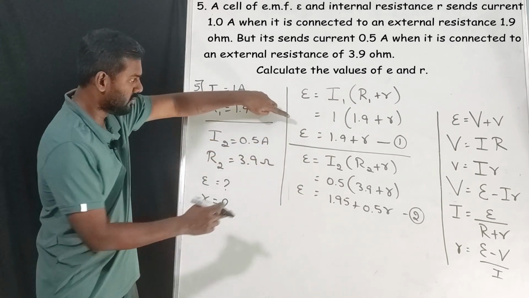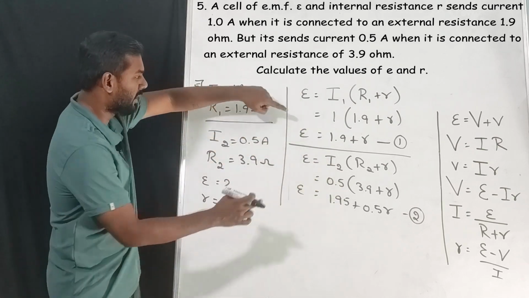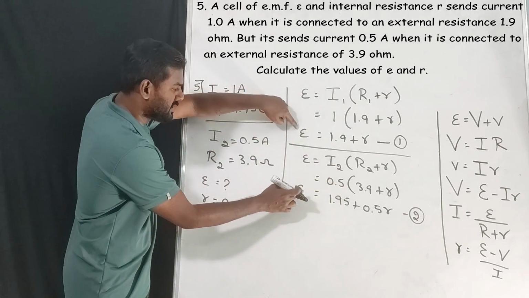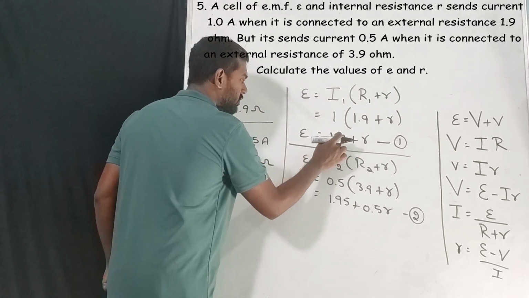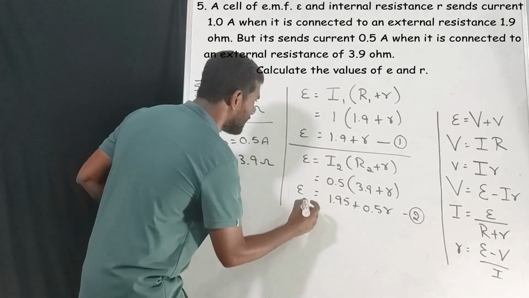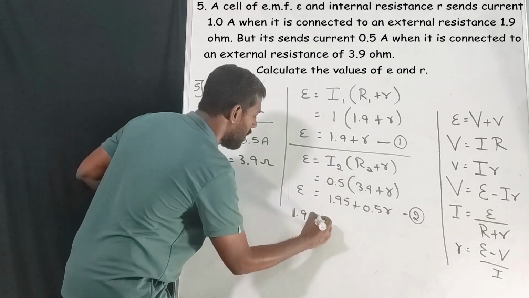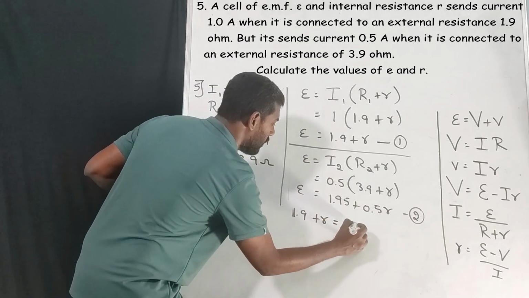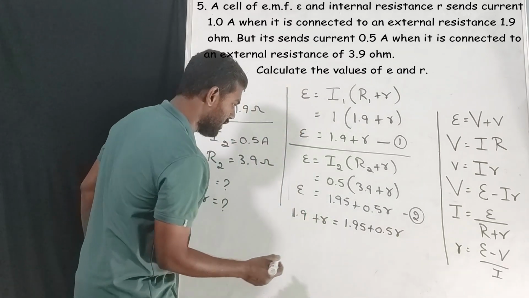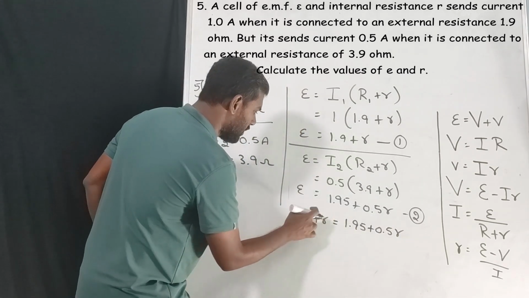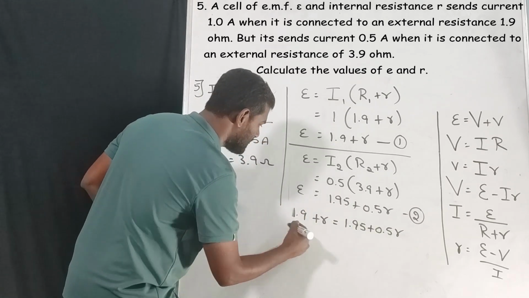E is equal to E, EMF is nothing but EMF only. We can consider equation 1 equal to equation 2, that is 1.9 + r = 1.95 + 0.5 r. So here, send this 1.9 to that side and this 0.5 r to this side.